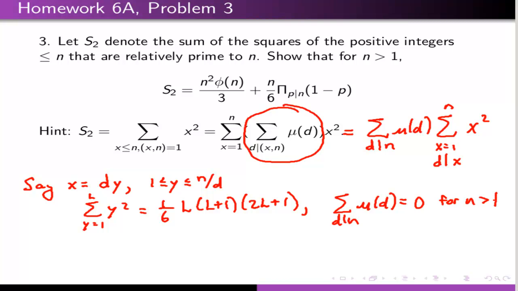You'll run into the Euler-Phi function sum, this one here, sigma mu of d over d, so that was phi of n over n. And then finally, you're going to encounter a sum like this.